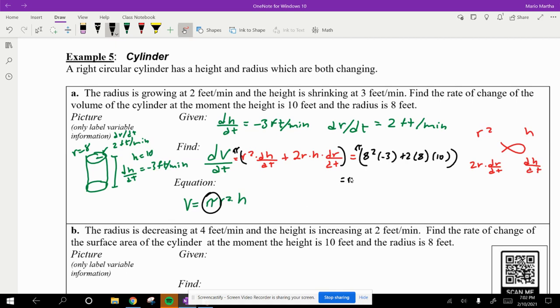So that's going to be pi, right, times 320 minus 192, right? This was 192 plus 320. And that's going to be equal to our rate of change for the volume, which is 128 pi. And since it's volume, it's cubic feet per minute, right? And that would be dV/dt.